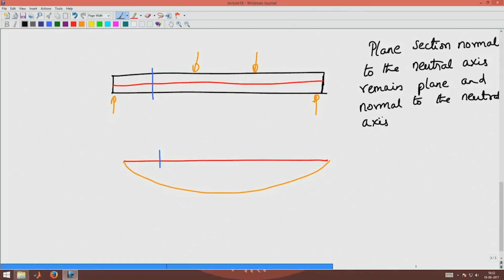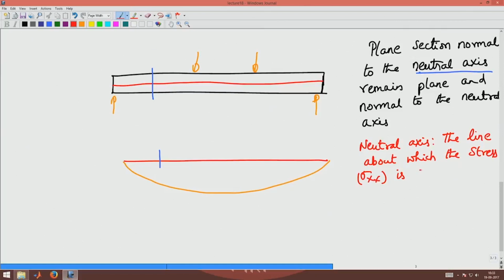Here I have used the word neutral axis. What this word neutral axis means is that this red line is a neutral axis here, the line about which the stress sigma xx is 0.